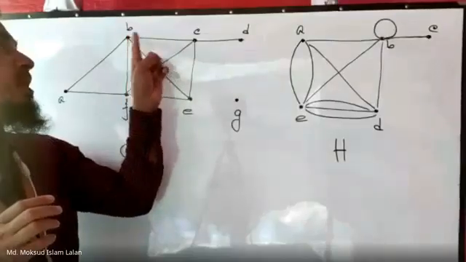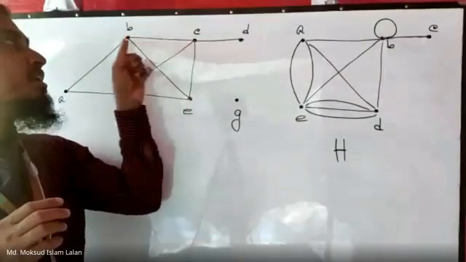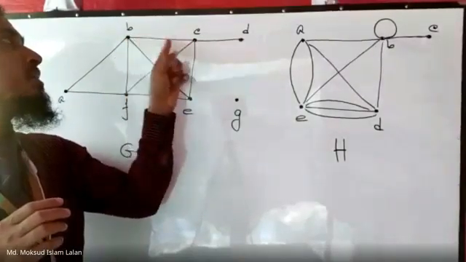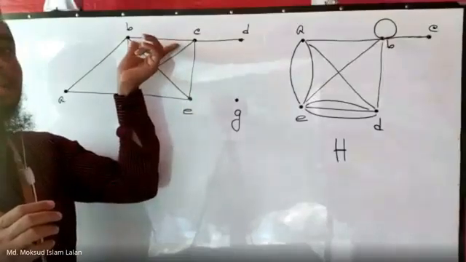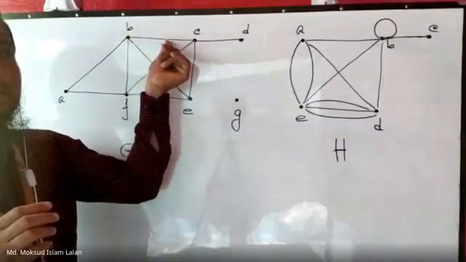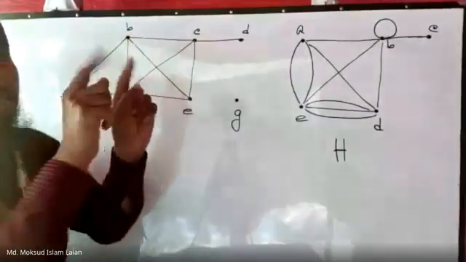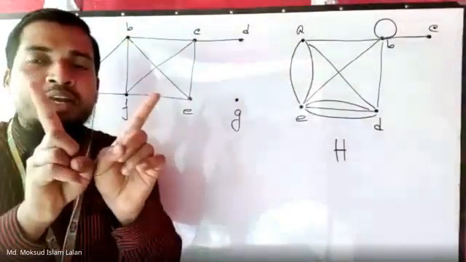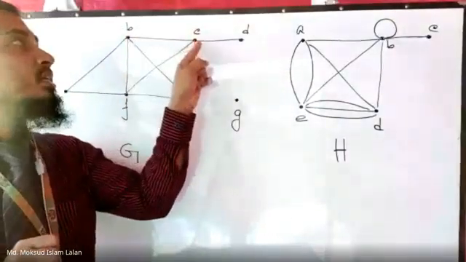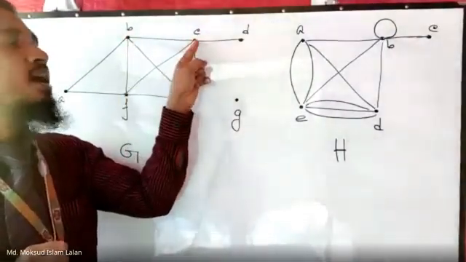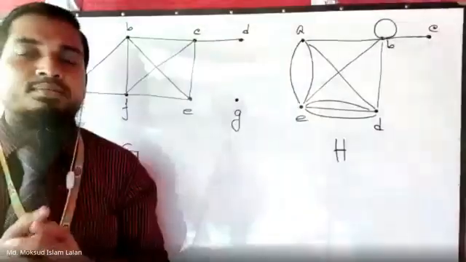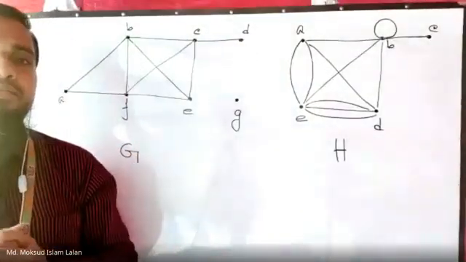Since vertex B and vertex C are connected with this line, we can say BC adjacent. Since they are the ending vertices, the adjacent ending vertices are B and C, so B and C are adjacent vertices. Do you understand?